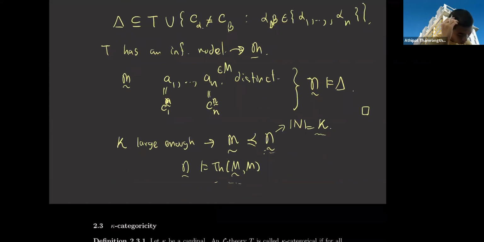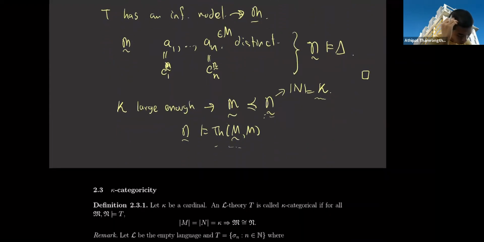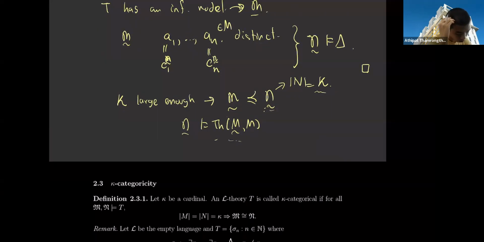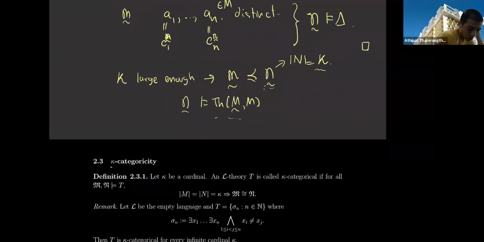Okay, and there is one extreme side of it, that is what we call Kappa categoricity. So we're going to consider when our theory has exactly one model of size kappa up to isomorphism.